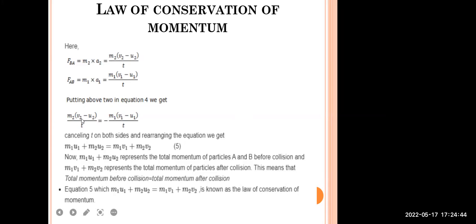So M2 (V2 minus U2) upon T, which is your FBA, is equal to minus of M1 (V1 minus U1) upon T. This T will get cancelled out on both sides.